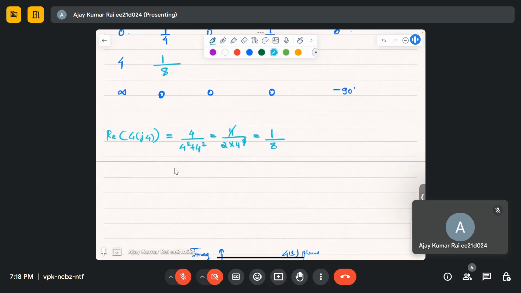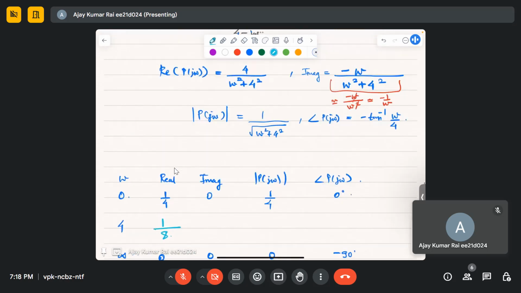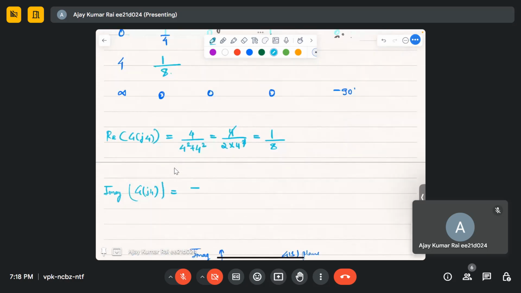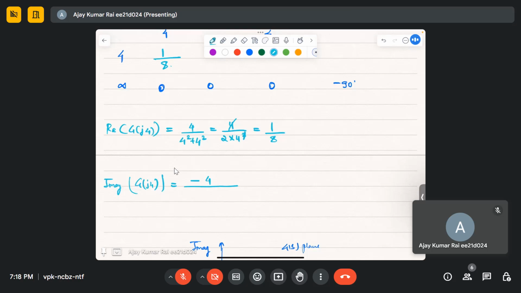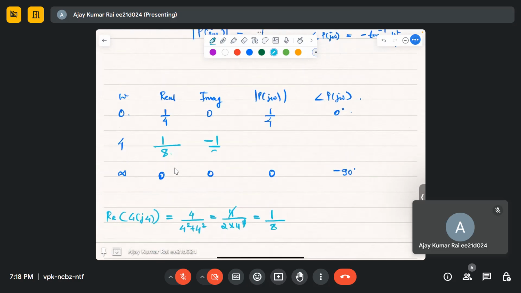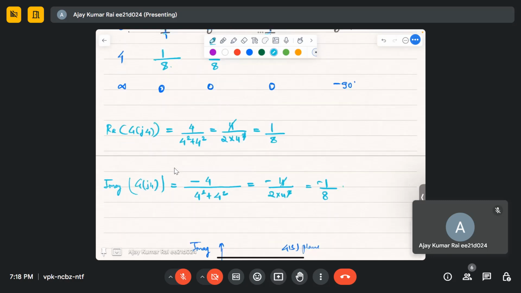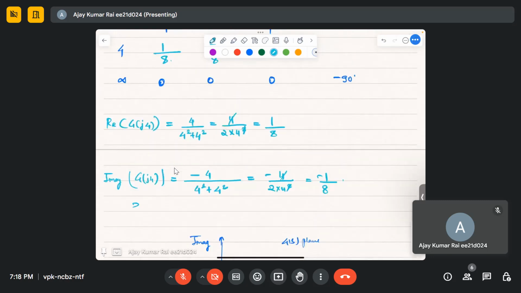So let me just put this down. For the imaginary part, again the same thing. It is minus 4 over 4 square plus 4 square, right? So again it is 2 into 4 square, which gives minus 1 by 8. And what is the magnitude?